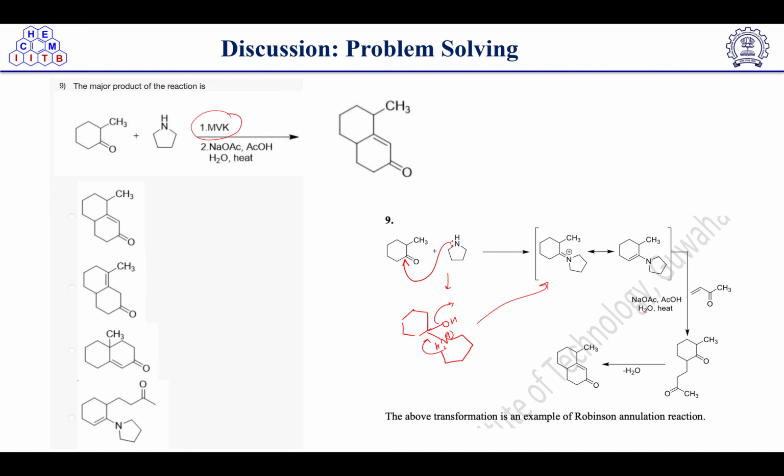Then sodium acetate is there and this is methyl vinyl ketone given here. So this is a Michael reaction condition. So it will undergo a Michael reaction. How will it go? This 1,4 attack on this carbon will take place.